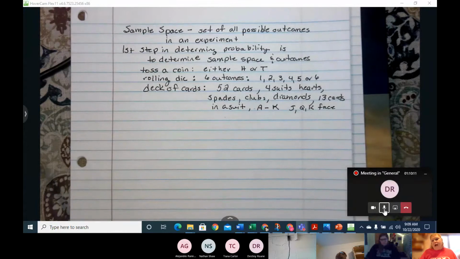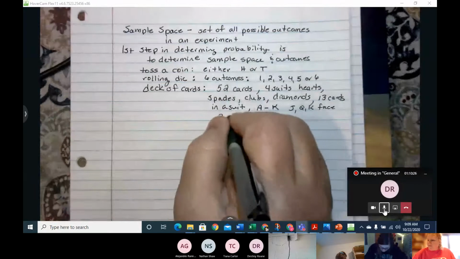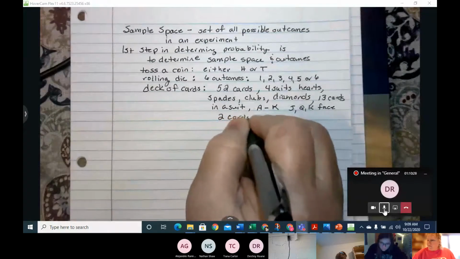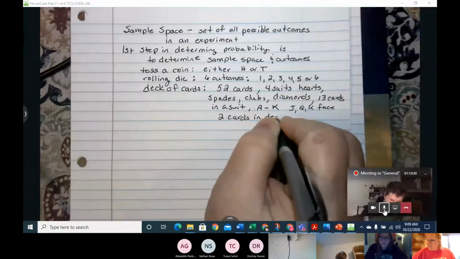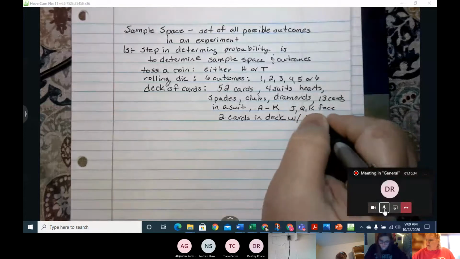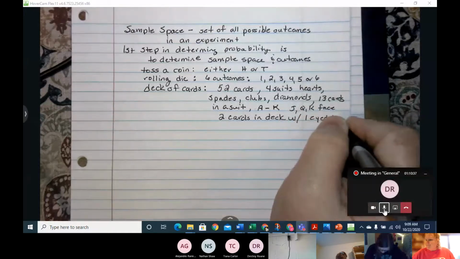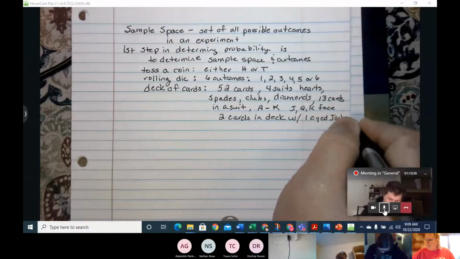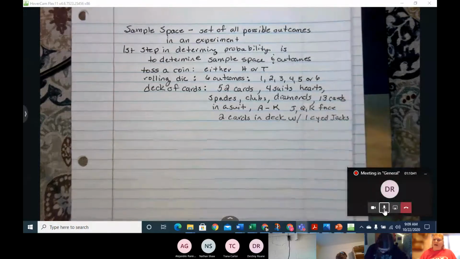So you'll hear all kinds of terminology used about this deck of cards. You might have a question about the probability of a face card coming up. You might have the probability of a one-eyed jack. There are only 2 of those cards in a deck. Just so you know that as well.